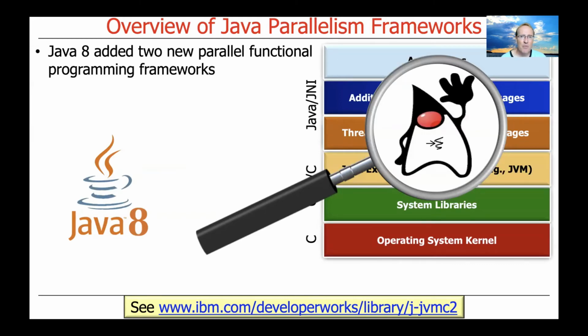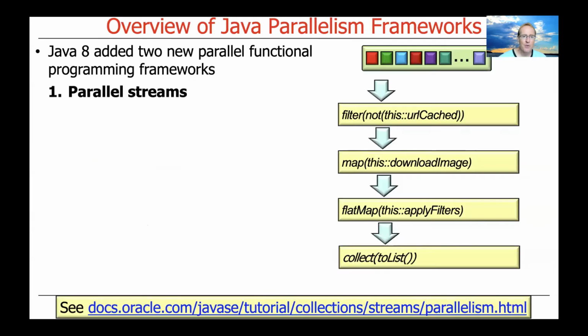Given the Java 7 object-oriented fork join model that we just talked about, the framework that was embodied for the past decade, in 2014, Java 8 released 2 new parallel functional programming frameworks. Both of these frameworks are capable of using the underlying fork join framework, but they provide functional programming facades on top of the object-oriented fork join framework to make them a lot easier to program.